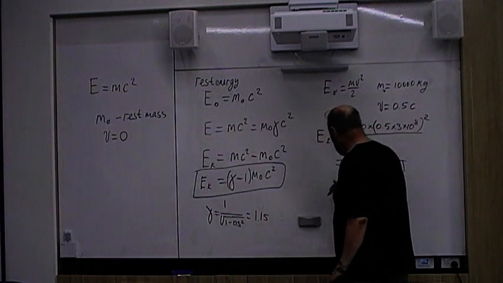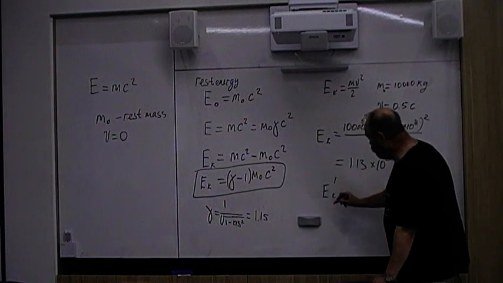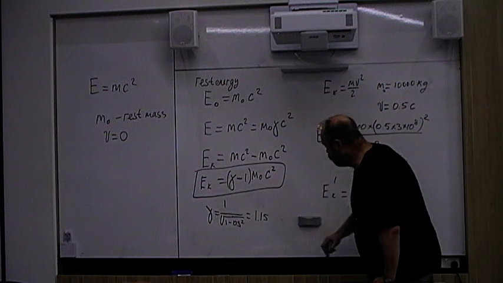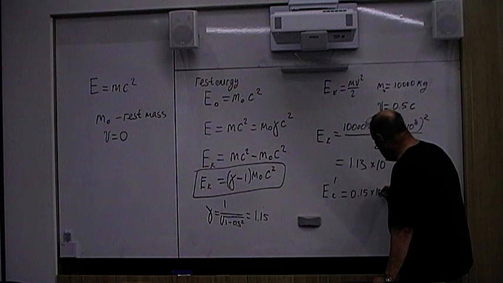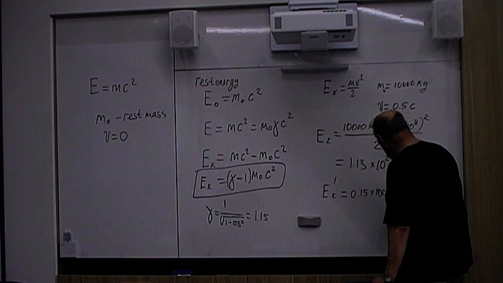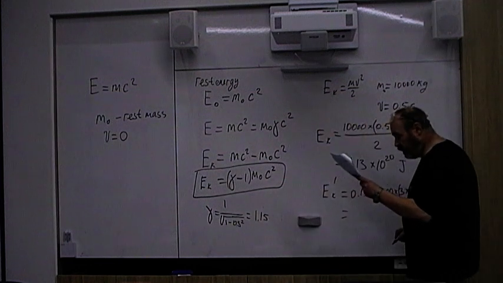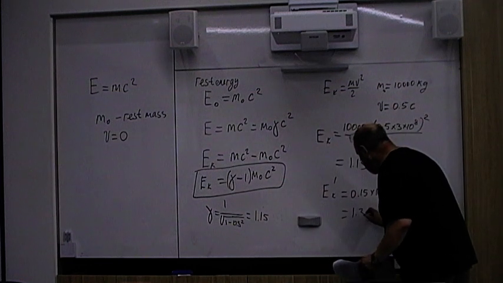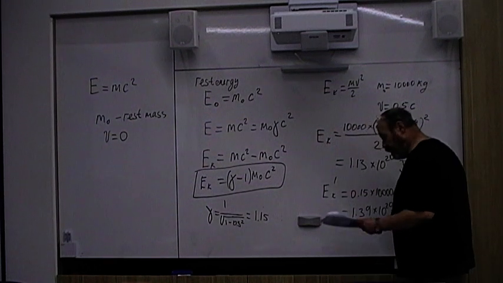So then we have relativistic kinetic energy. I will put a dash to show relativistic, equal to gamma minus 1, which will be 0.15, times 10,000 times 3 times 10 to the power of 8, squared, which gives us 1.39 times 10 to the power of 20 joules.